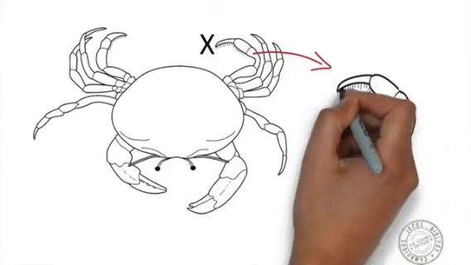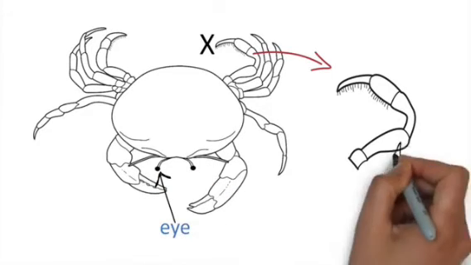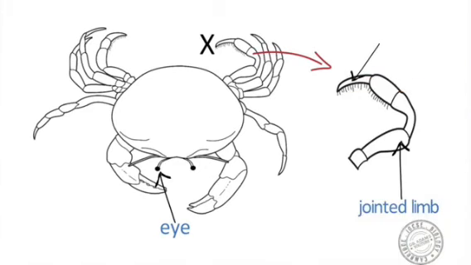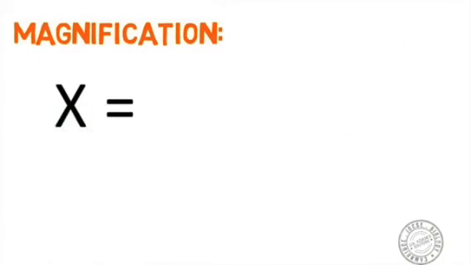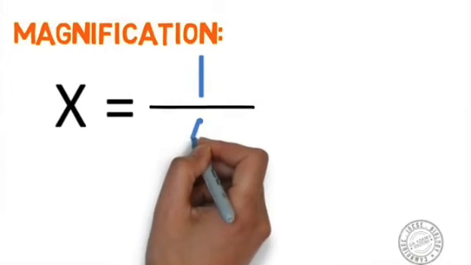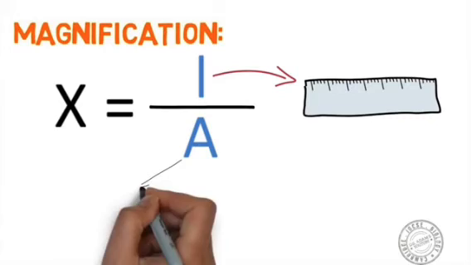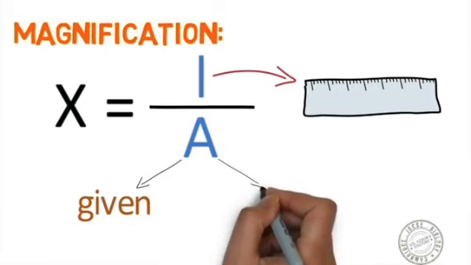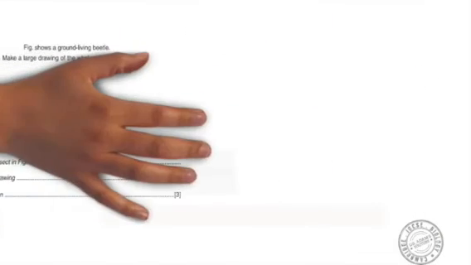Draw the requested extra detail with the labels on. And to calculate magnification, you will need to find the length of the image and divide it by the actual length. The actual length could be either given in the question, or you can measure it using a ruler. Here is an example.